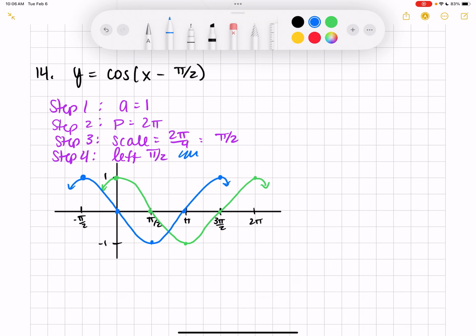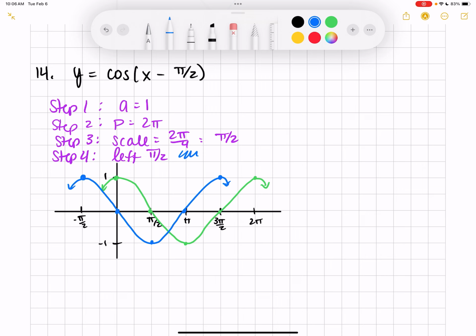All right, what's my amplitude of this graph? 1. What about the period? The period should be 2 pi. It's 2 pi over b. B was 1.